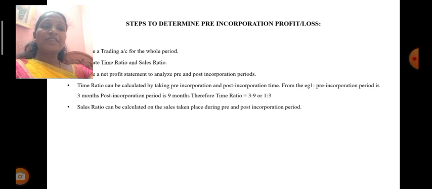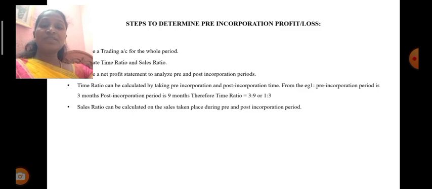Here, a small example is given. Pre-incorporation period is 3 months, post-incorporation period is 9 months. So, total 12 months, that is 1 year. Therefore, the time ratio calculated is 3:9. We can simplify it, so 1:3.